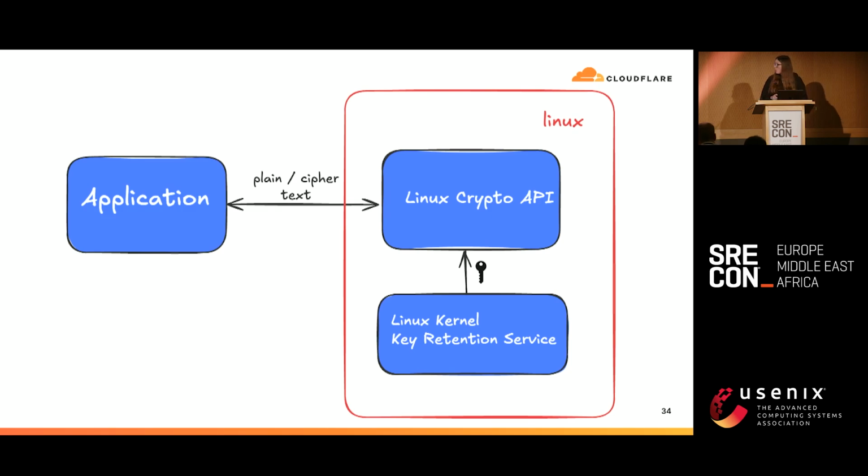But our goal is to come to this scheme where we have the application on one side, which doesn't do any cryptography operations and doesn't contain the private key, and Linux on the other side, which does all the cryptography for us. To implement this scheme, we need to introduce the second Linux subsystem.